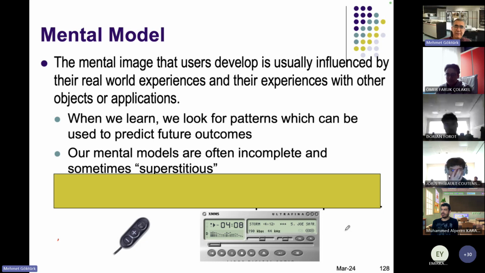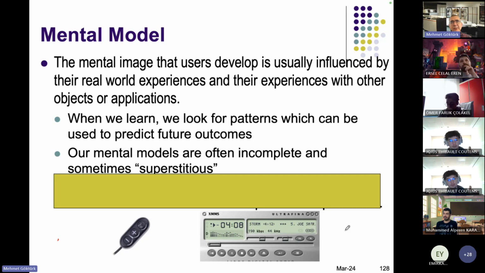If I don't get any visual cues, my mental model cannot construct a classroom image. Therefore, my performance is reduced. So the definition of the mental model is the mental image that users develop, influenced by real-world experiences and experiences with other objects and applications.